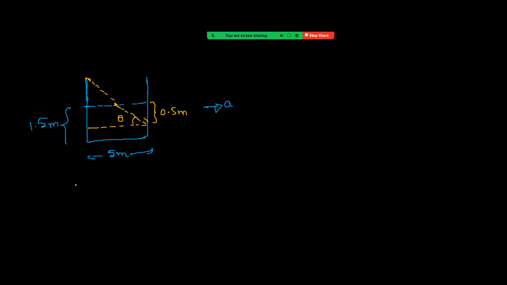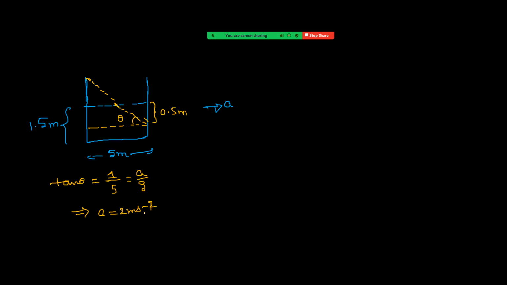So tan theta is equal to, this is a half and this is a half, so the total value is 1, and this length equals 5. So 1 upon 5 is tan theta, and that is equal to A by G. If you take G value 10, A value will be 2 meter per second square.